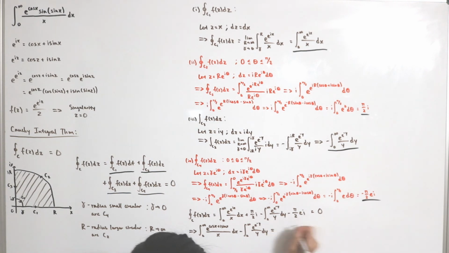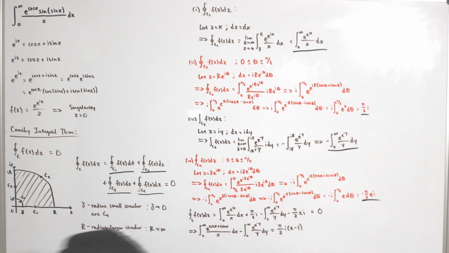But what that does is I can actually factor out a pi over 2 i, so we get that it's just pi over 2 multiplied by i, and then it's factored with e minus 1.